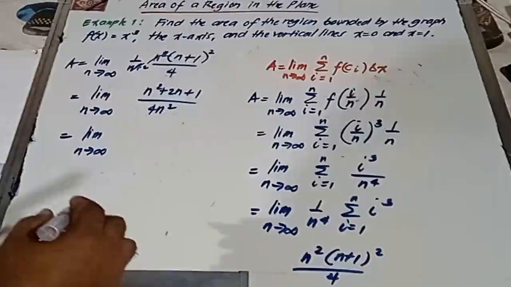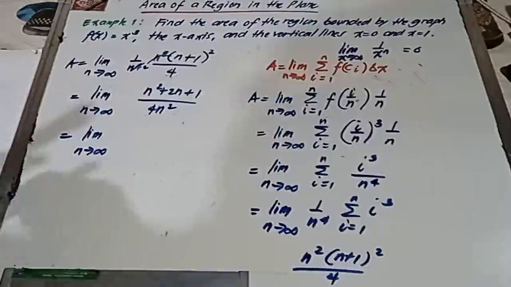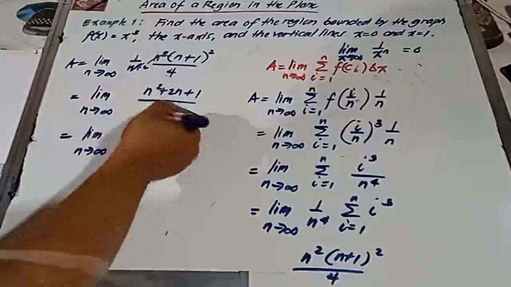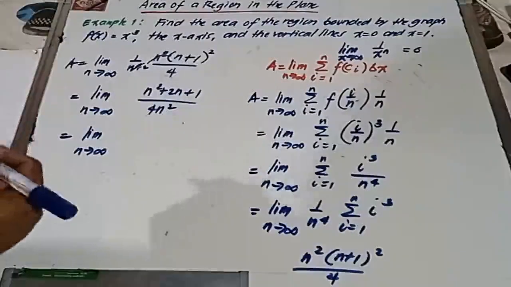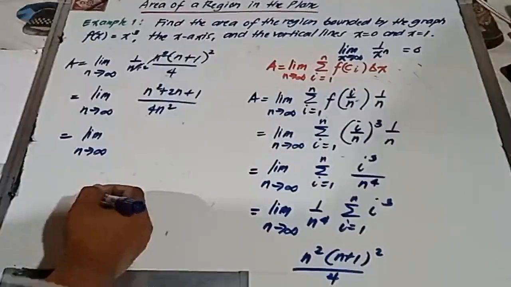Kung tandaan niyo pa yung concept ng ating limit at infinity, we have limit of 1 over x to the n, x approaches infinity is equal to 0. N is a positive real number. So, ilagay natin sa format into fraction para magamit natin yung limit concept, yung limit at infinity.